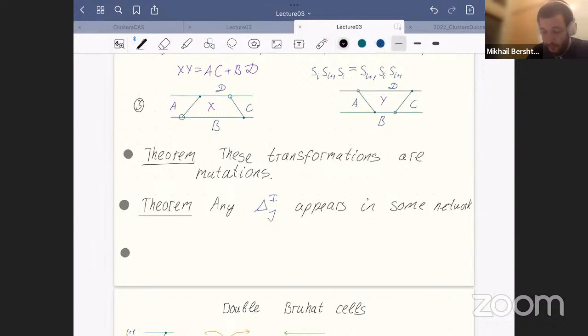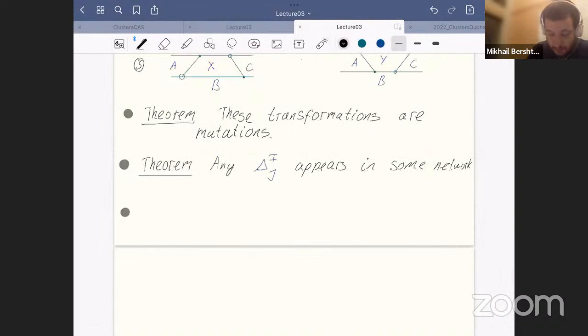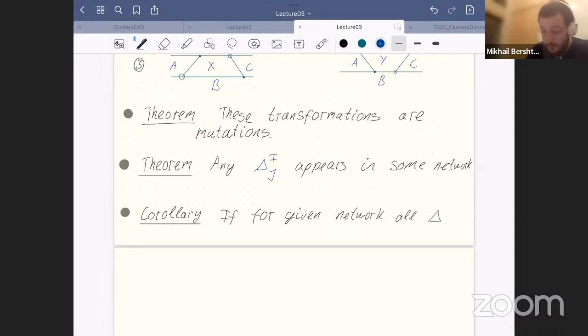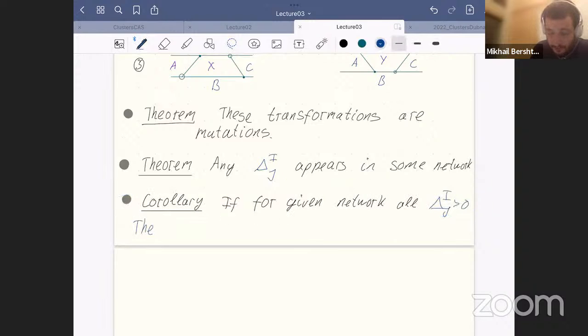And a corollary from all this story: if for a given network all delta ij are greater than 0, then all delta ij are greater than 0.